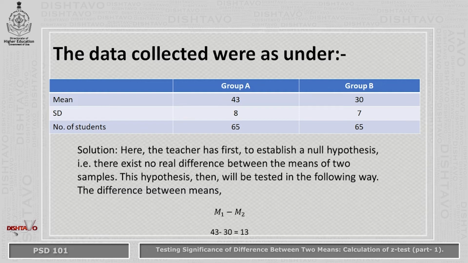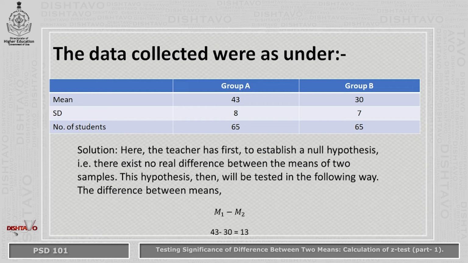We will see how to go about the calculation by putting these values in the formula. Solution: the teacher has first to establish a null hypothesis. What is null hypothesis? Null hypothesis states that there will be no significant difference between two teaching methods. That is, there exists no real difference between the means of two samples.